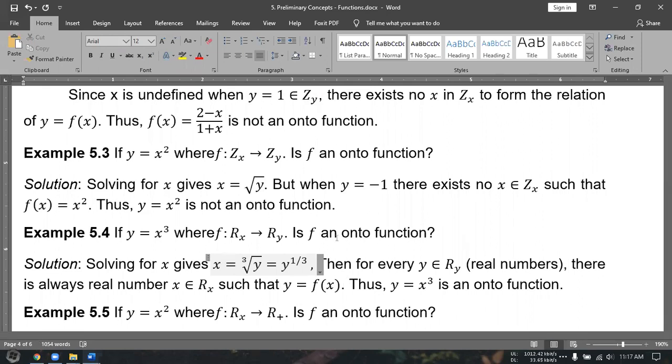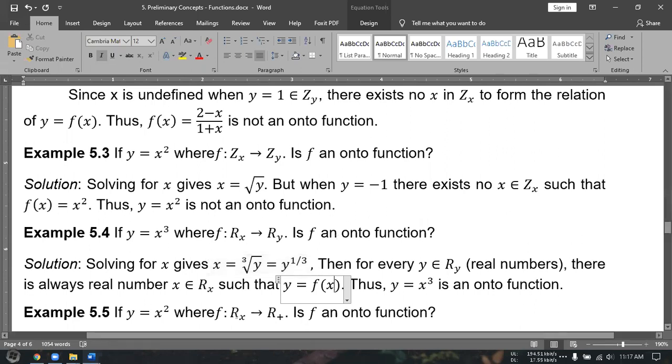Example number 5, y equals x squared, where the mapping of f is defined as R sub x to R sub plus, or any real number to positive real numbers. Okay? Is f onto?